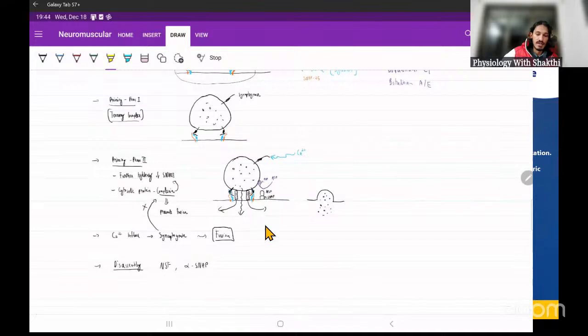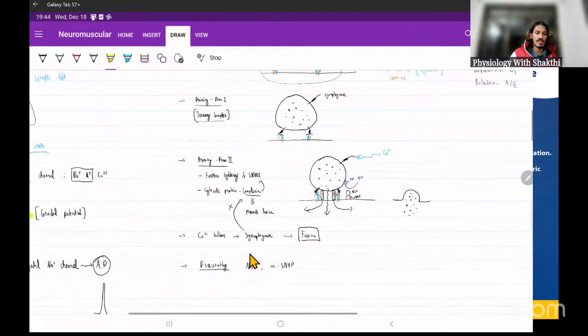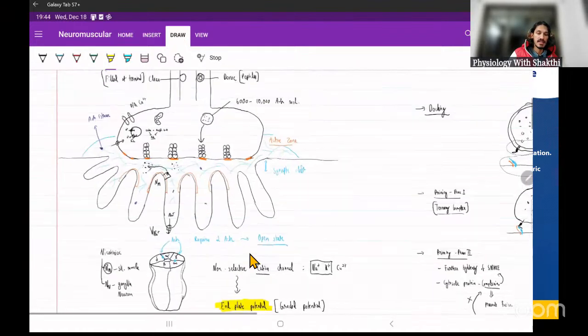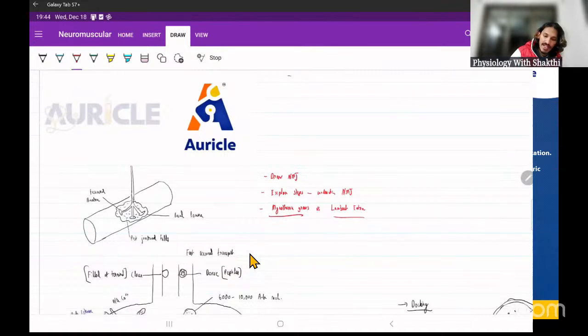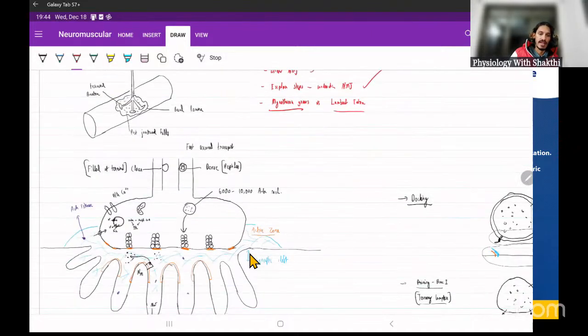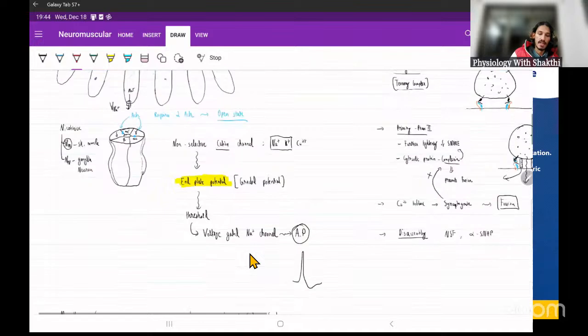Another protein, synaptophysin, will help in fusion and release. So in the sequence of the NMJ, draw the NMJ and explain the steps in transmission across the NMJ. These are the things that you have to talk about.